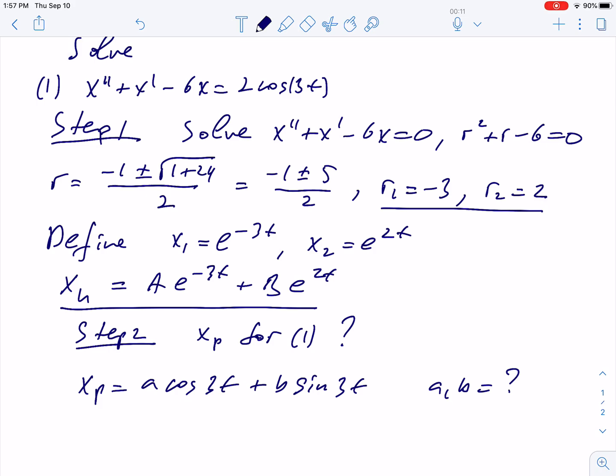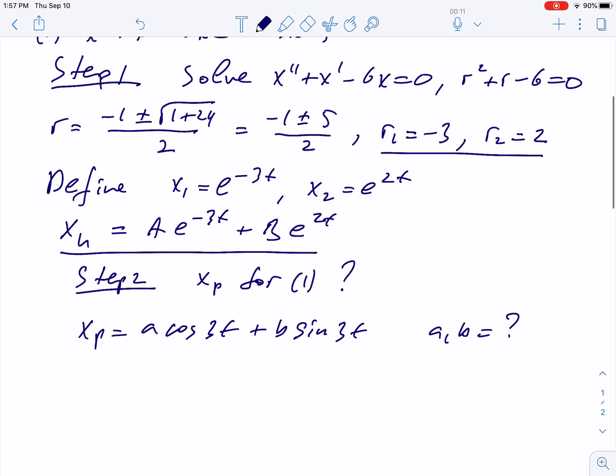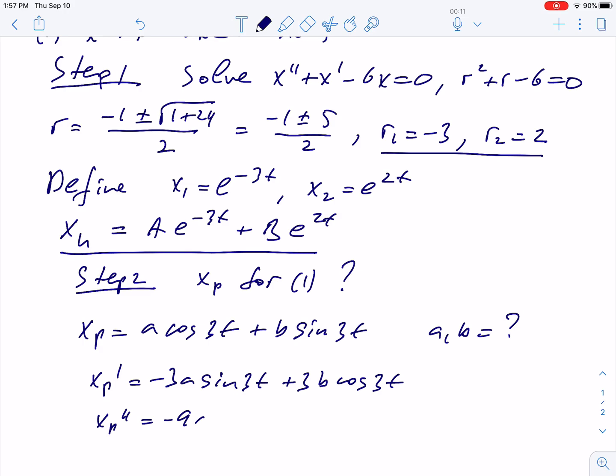Now a and b are undetermined coefficients. We shall find a and b when we differentiate twice this proposed particular solution and substitute in the equation. Here the first derivative, -3a sine 3t plus 3b cosine 3t. Second derivative, -9a cosine 3t minus 9b sine 3t.